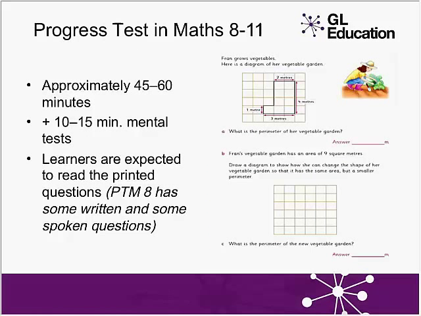In terms of the timings, you can see there how it's broken down. It would be expected to take between 45 to 60 minutes, and then you have your mental maths on top. And obviously at this stage, the learners are expected to be able to read the questions for themselves.